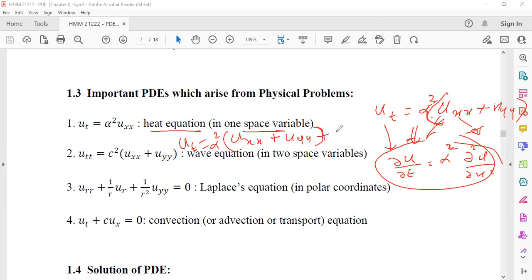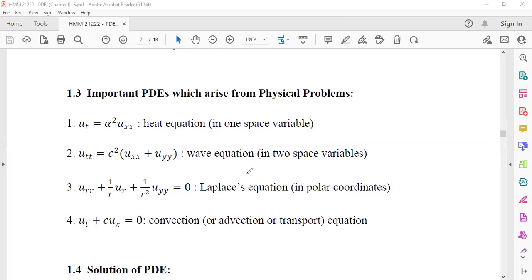Similarly, you can have three-dimensional also. We have only up to three dimensions so far. We don't go to four or five dimensions for our theory part.